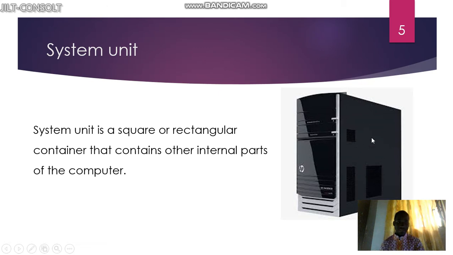Without those things in the system unit, it will not work. As you continue learning computing, you will learn everything that is inside the system unit. Okay, so keep watching and keep studying. You should know how the computer is made up and what is actually inside running before you can see things on your monitor.